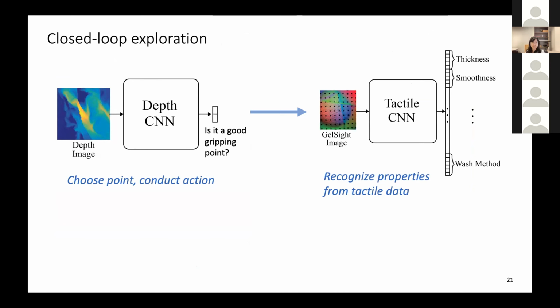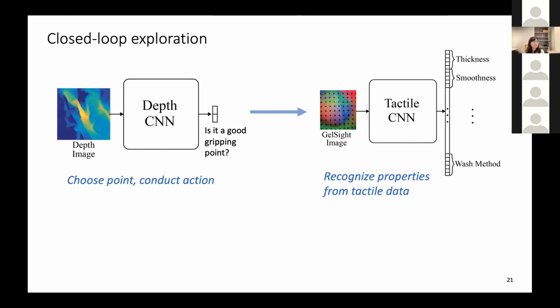train a neural network to decide whether some points are good for gripping or not. After that, we come out with a best point for the robot to grip on, and the robot will go ahead and collect some tactile data. Then the data goes through another deep neural network structure that does multi-class classification to recognize different properties of these materials based on the tactile input.